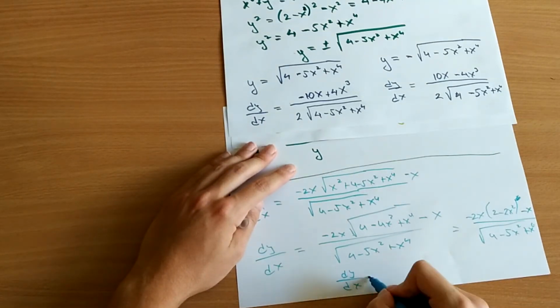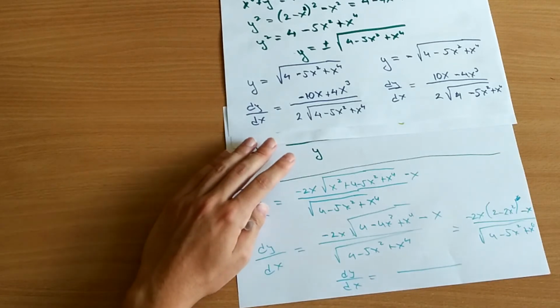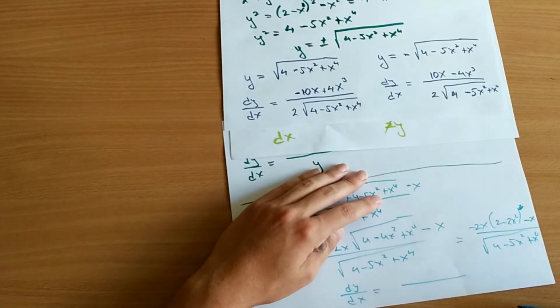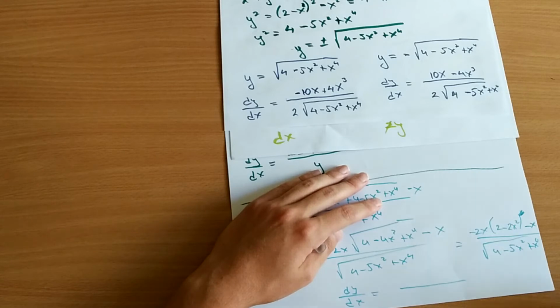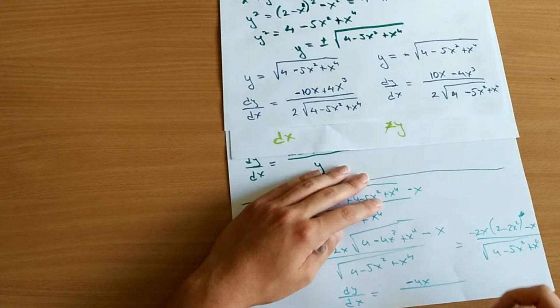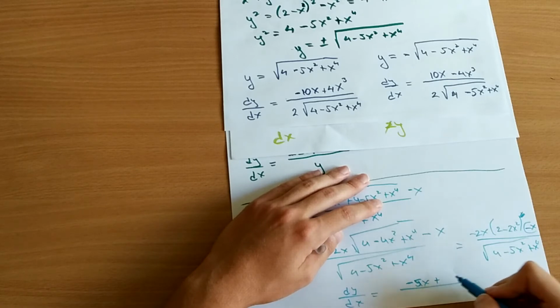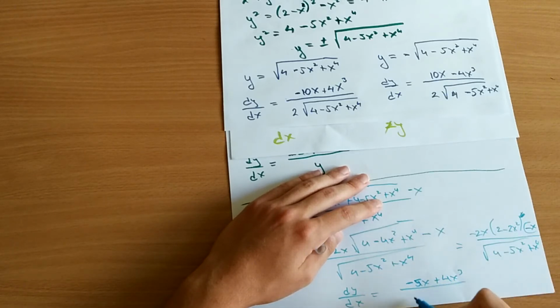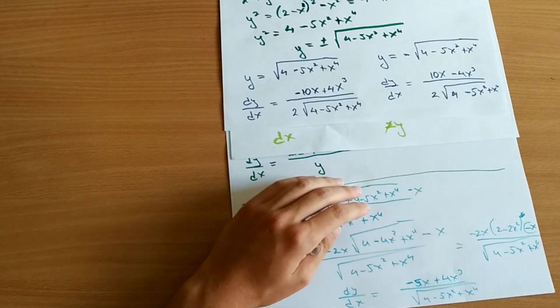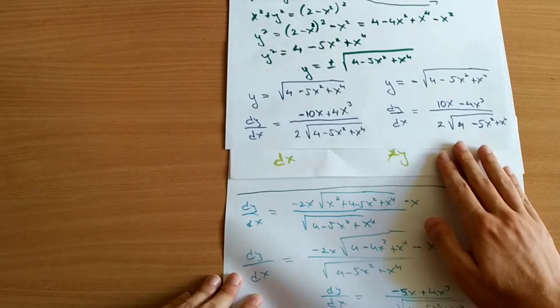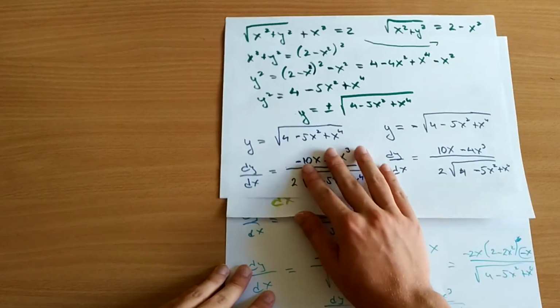And then finally, if we calculate this, we'll get minus 5x, if we factor out this x, times plus 4, and we get basically the same thing as in this equation here.